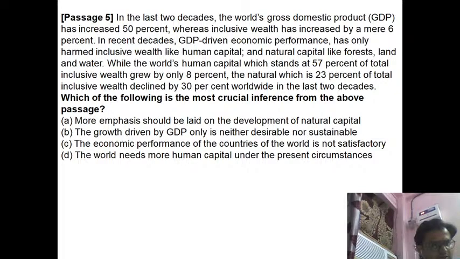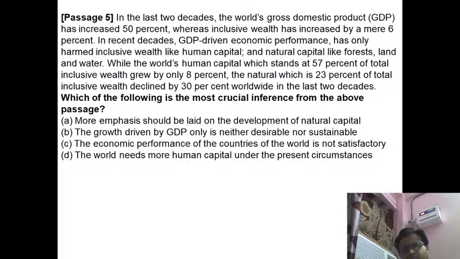More emphasis should be laid on the development of natural capital. Is there anywhere they are trying to focus on this issue? I feel that nowhere are they trying to focus on this issue. There is nowhere in the passage where they are trying to concentrate on it.